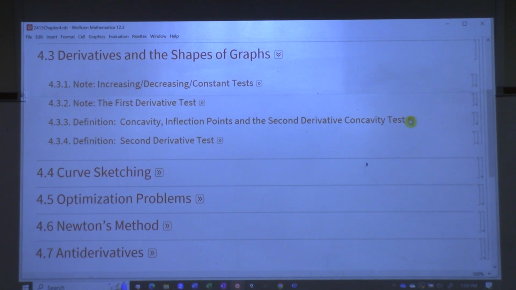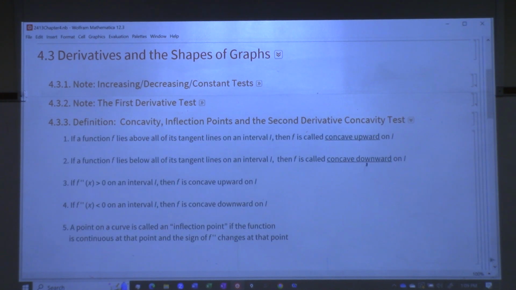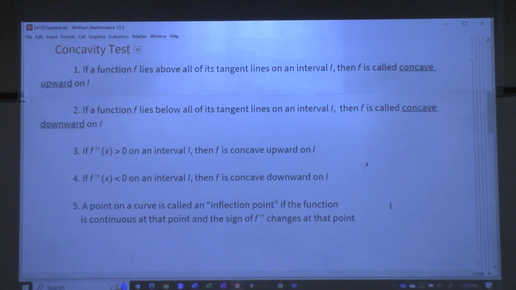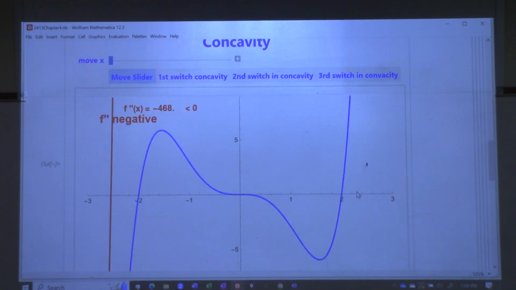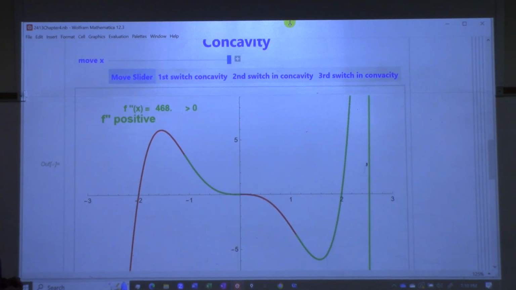Here we go. I'm going to show you this graphically first. As I move across this graph, you'll notice some regions are red and some are green.